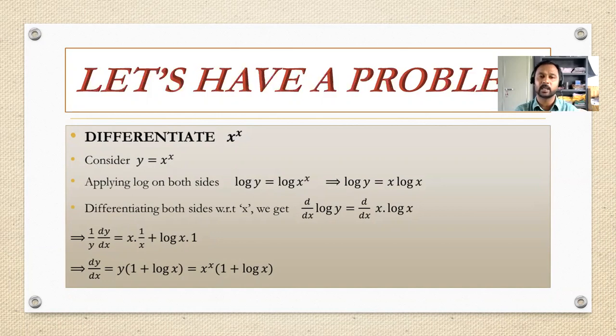So 1 by y dy by dx is equal to, on the right side, by the product rule, x into 1 by x plus log x into 1. Or dy by dx is equal to y into (x into 1 by x, which is 1, plus log x into 1, which is log x). So y into 1 plus log x. Finally, you replace y. What was y taken as? X power x. Therefore, we can conclude that dy by dx is y into 1 plus log x, which is x power x into 1 plus log x.